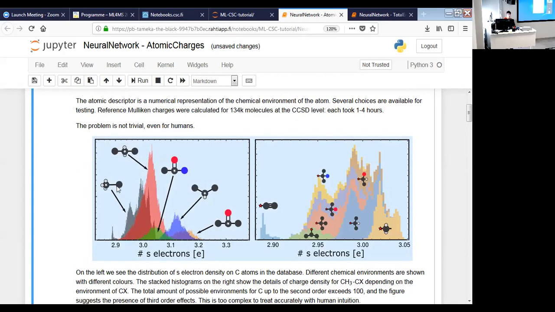So this is CH3 with carbon only attached, but it could be a CH1, a CH2, another CH3, or a carbon with another chain with some oxygen. We don't know. All of that will affect the result, the amount of electrons that are going to go on that carbon. So it's quite a complex problem to figure out using simple shorthand rules.